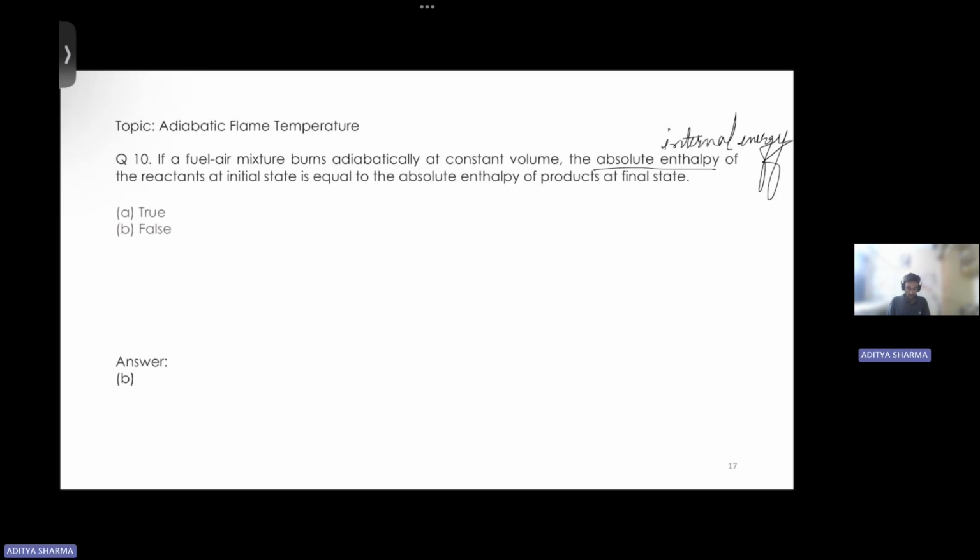Okay, so that is why B option is correct. All right. Though I have changed the animation sequence, somehow it still came falsely. Sorry for that. So here it will also be internal energy, absolute internal energy.